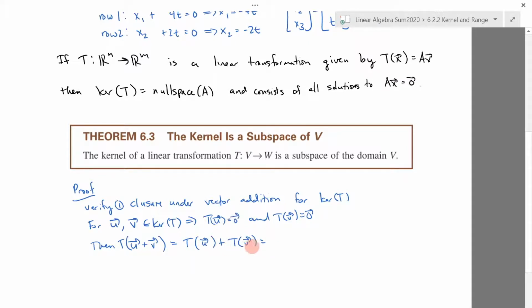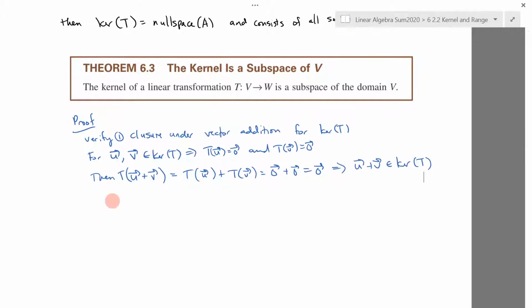But T(u) is 0 and T(v) is equal to 0, so this is just 0 plus 0, which is the 0 vector. So this shows that u plus v is also transformed to the 0 vector, but that means that u plus v is in the kernel. So this shows that it's closed under vector addition.